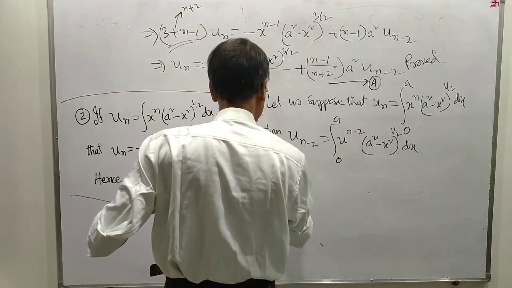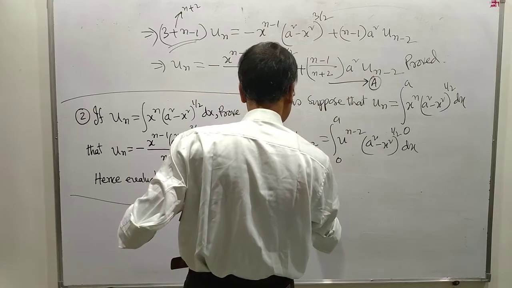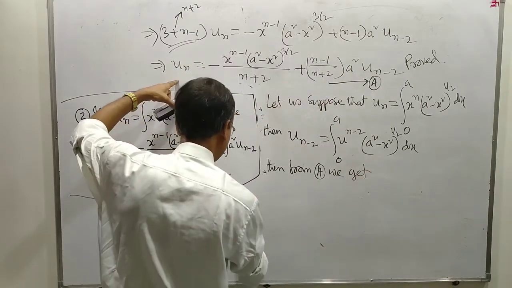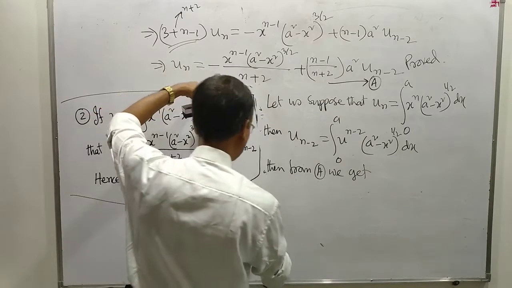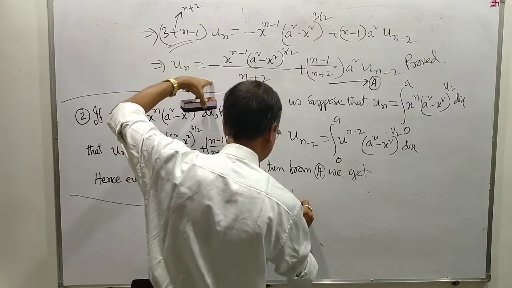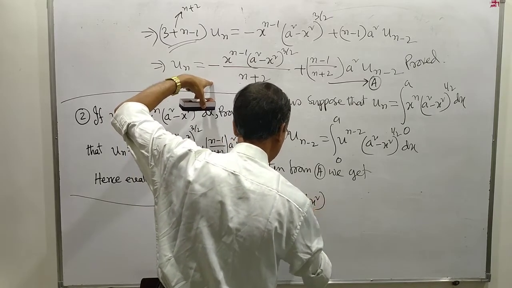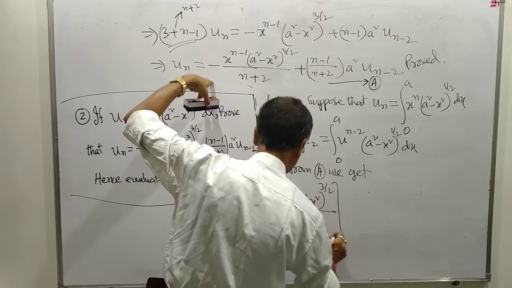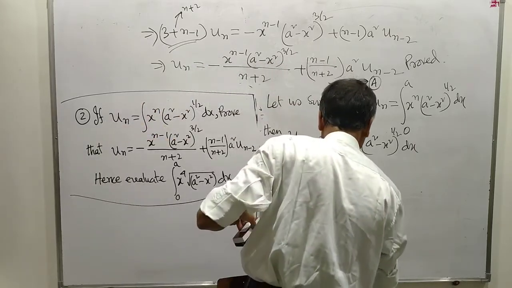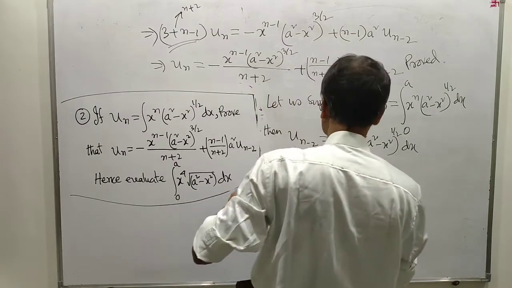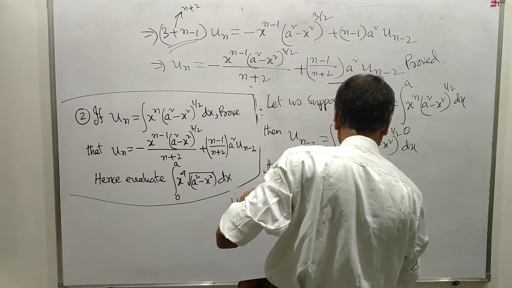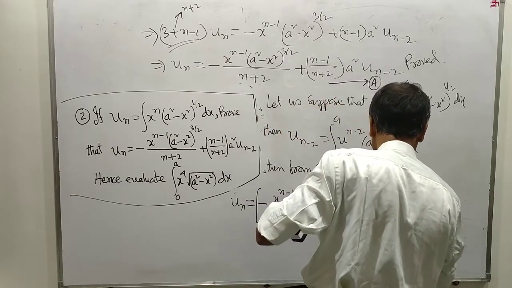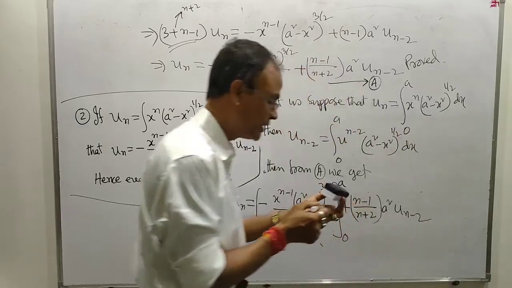Then we get un equal to minus x to the power n minus 1 times (a square minus x square) whole to the power 3 by 2 divided by n plus 2, from 0 to a, plus n minus 1 divided by n plus 2 times a square un minus 2.